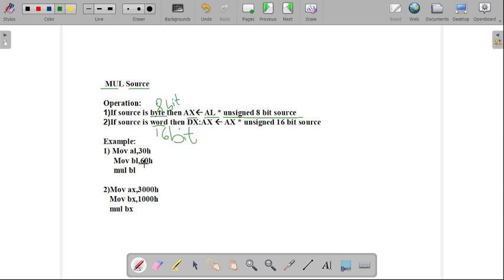Whenever I write MUL 30H, the value of AL will be 30H. Then we have written MUL 60H. So the contents of 60 will be copied into our BL register and our BL becomes 60H.